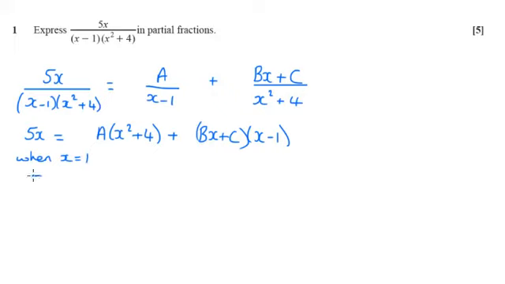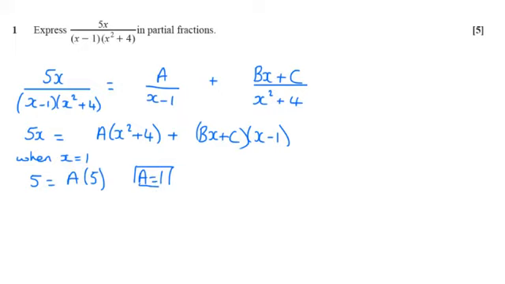And that will give us that 5 is equal to a lots of 1 squared plus 4, which is 5. So a is 1. So I'll save that for later.